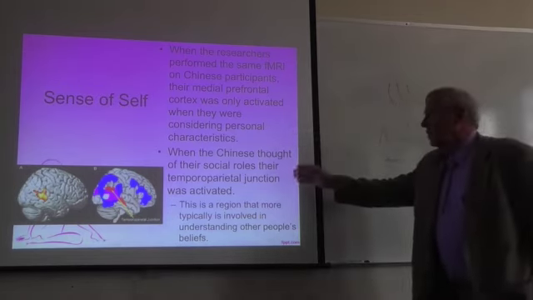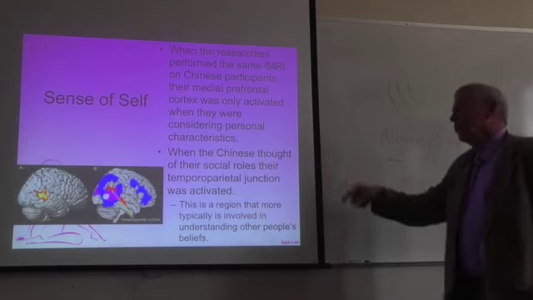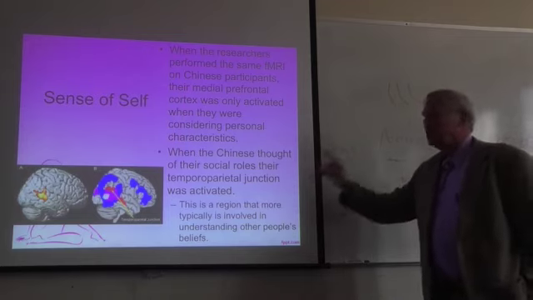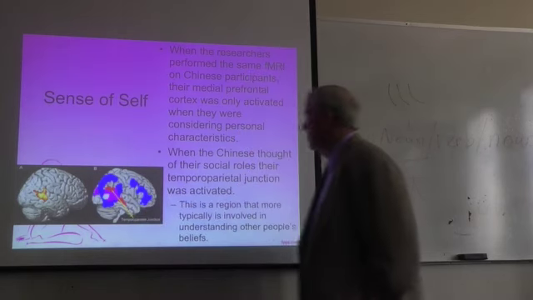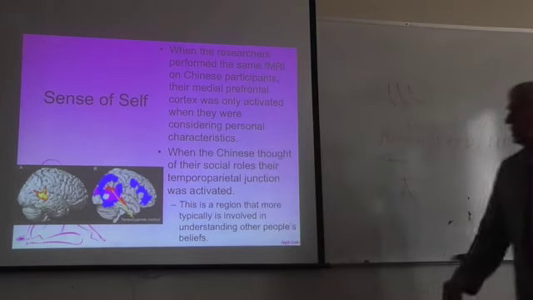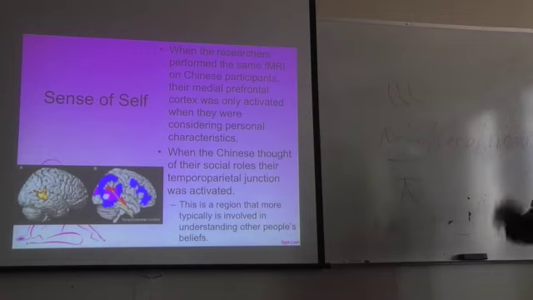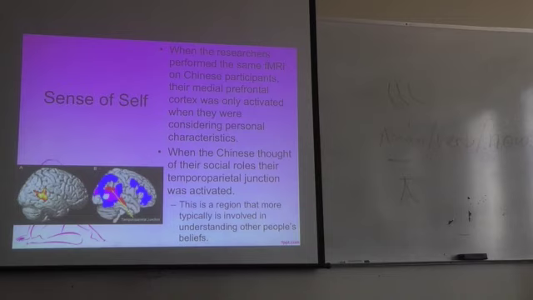When the Chinese thought of their social roles, their temporal parietal junction was activated. That's this section right here. This is the temporal parietal junction. This is a region that more typically is involved in understanding other people's beliefs. So when they were thinking of who they were in society, they were trying to read themselves in what other people thought about them.